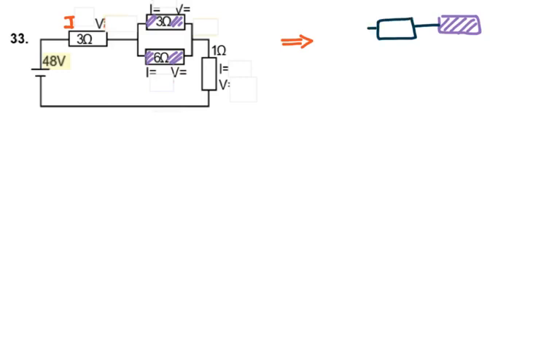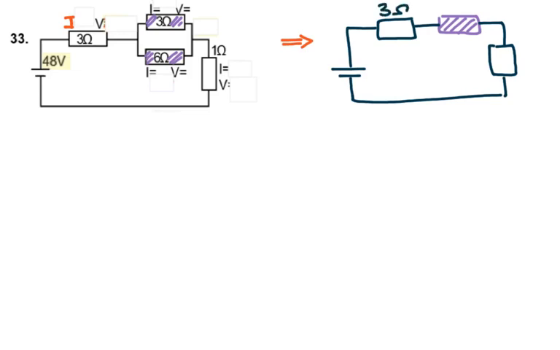And then I have the first resistor, I have the battery, and I have 1 more resistor. So the first one is 3 ohm resistor, the last one is 1 ohm resistor, the battery is 48 volt, and I will find the equivalent resistance of those 2 parallel ones.